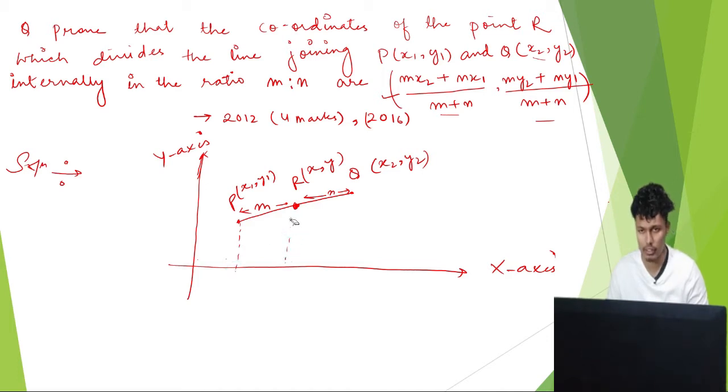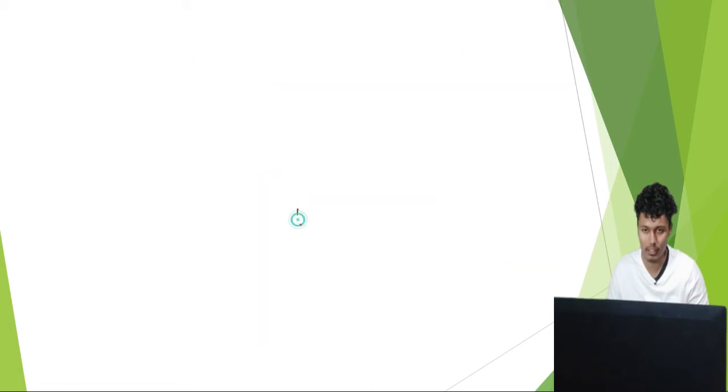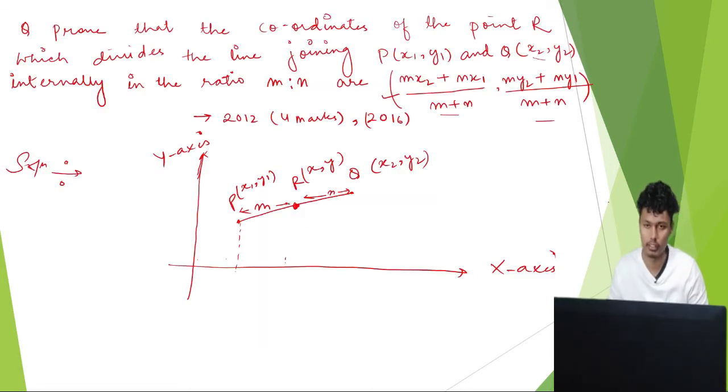This must be a straight line. I don't know when I'll learn to draw a straight line, but bear with me. So this one you take down here, even this one you take down here, and draw.